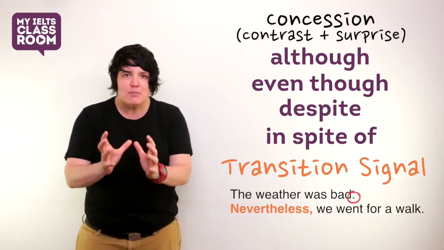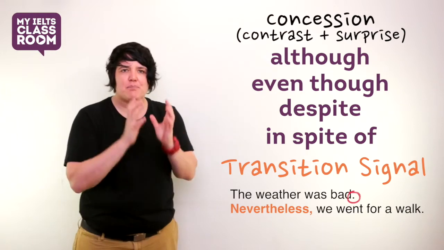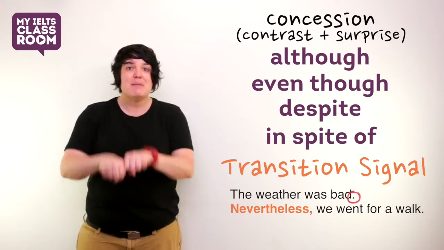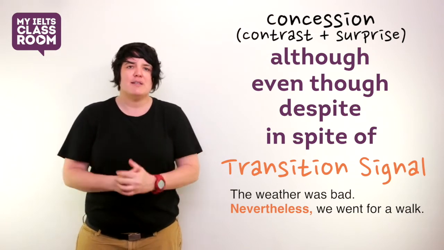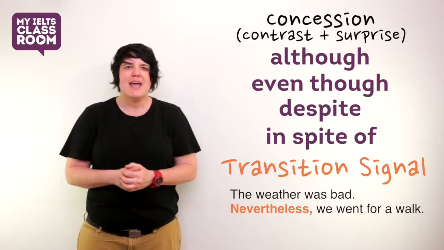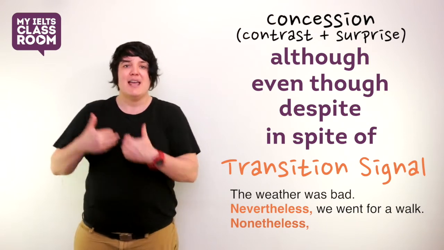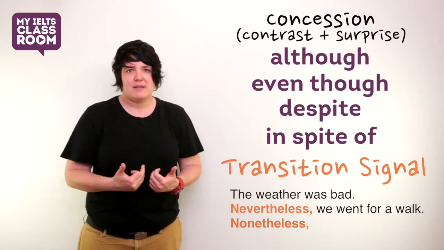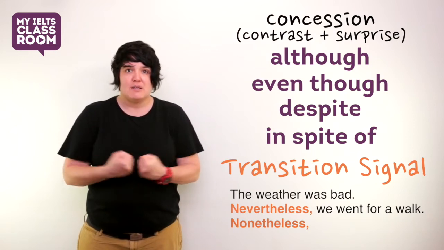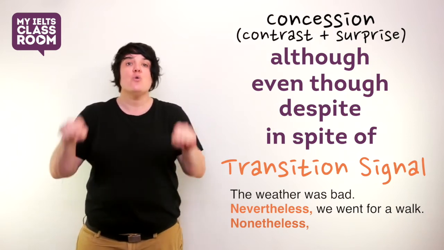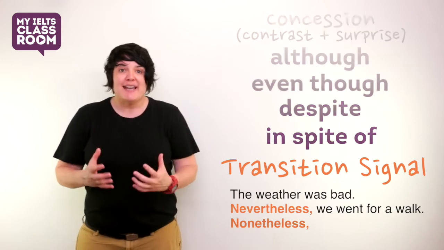Nevertheless shows me contrast and surprise, but it lets me separate the two clauses. The other transition signal you could use here is nonetheless. Nevertheless or nonetheless. These words always go between our two sentences, but now we've got two separate sentences. Great! So now we know how to show two different types of contrast.